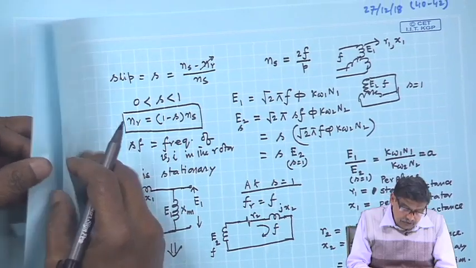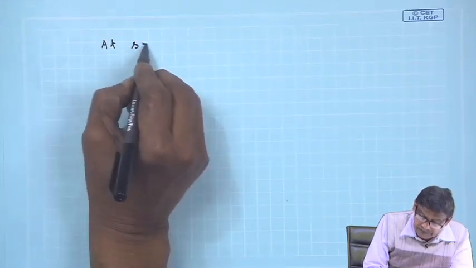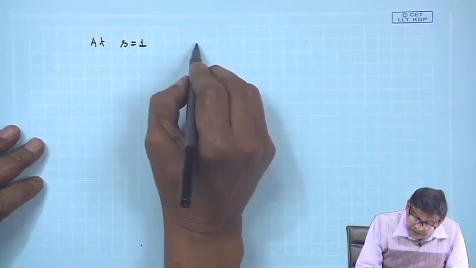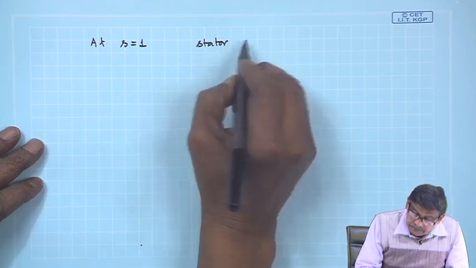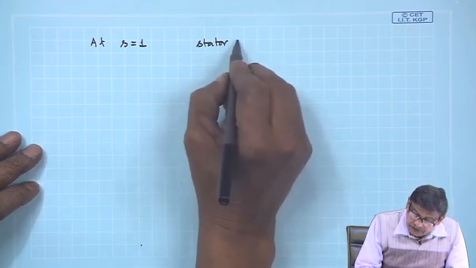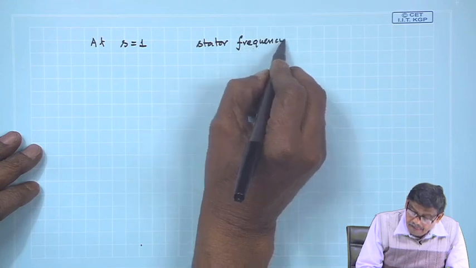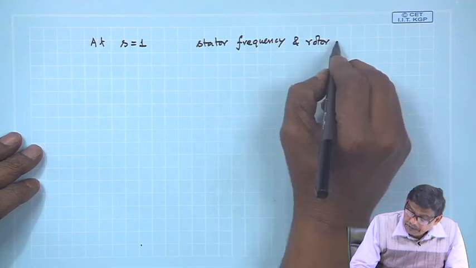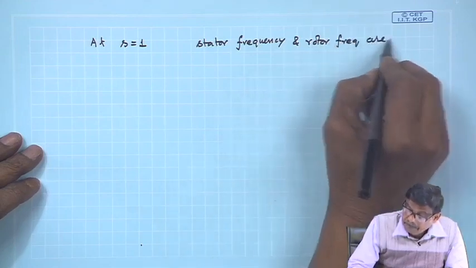So at S equal to 1, the stator frequency and rotor frequency are the same.